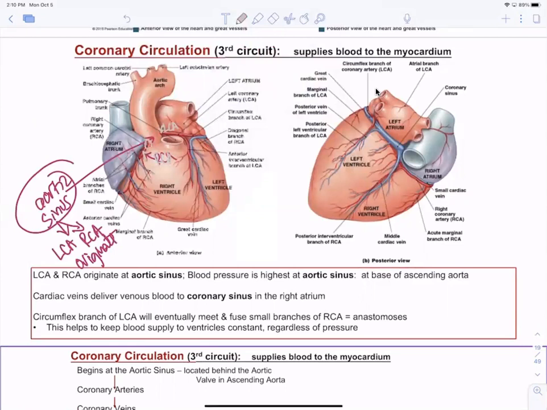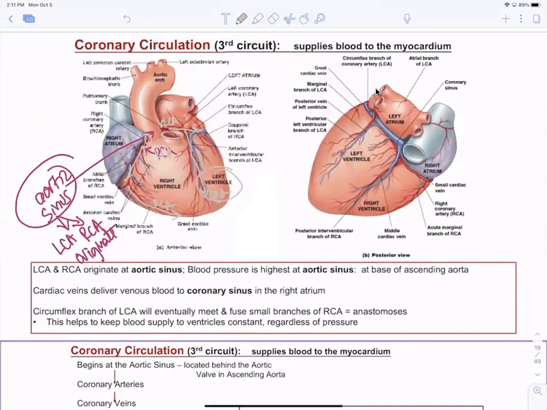So left and right coronary artery, the left coronary artery kind of goes around that way and then down the left ventricle. And the right coronary artery comes down here and then down the right ventricle. So this right coronary artery and left coronary artery. And so all of these arteries eventually become veins.